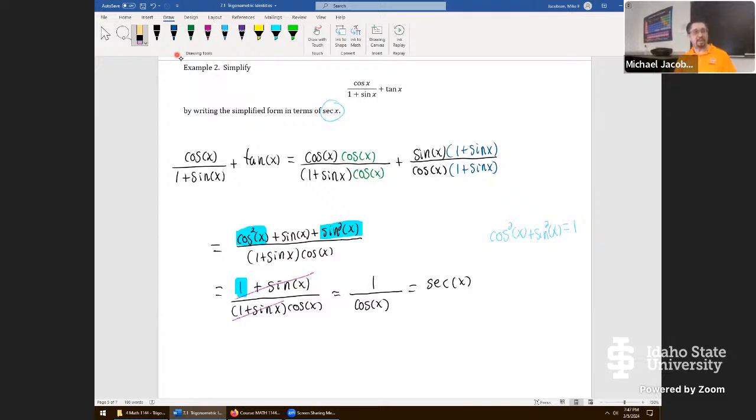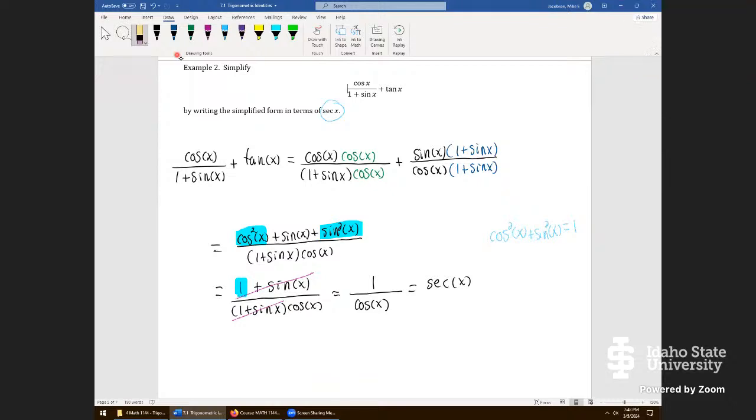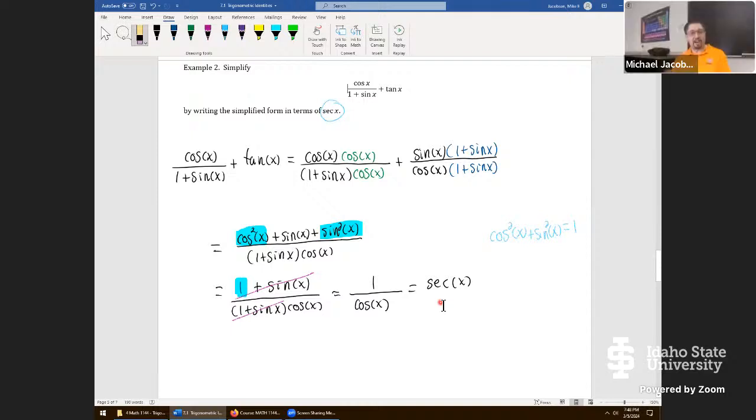Any multiple of pi, so sine 0, sine pi, sine 2 pi, would result in an output of 0. So our answer is secant x, but some questions it won't be like that, right? Yeah, it could be like 5 times secant x, and that's still valid.